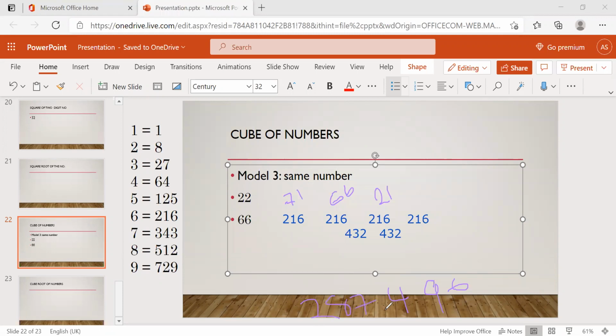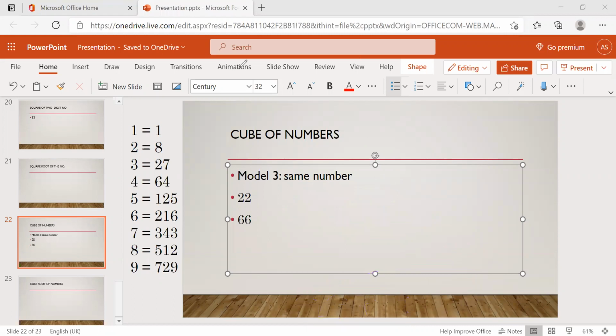This will be the answer for 66 cube: 287496. But you need to know the cube numbers, then double it, then addition. If you are doing addition fast, then it is not a matter. Then this is how the same number, model 3.